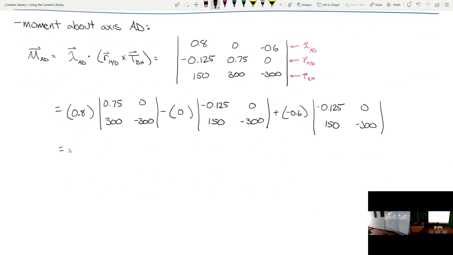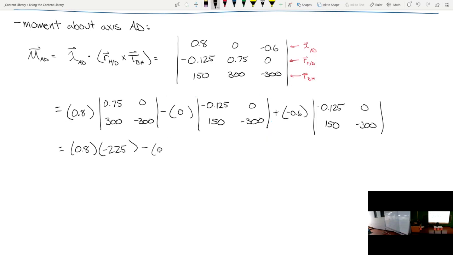So what are we going to get? We're going to get 0.8 times what? This times this minus this times this, that's 0. So 0.75 times 300, what is that, 225? I think that's right. So negative 225, minus, and this whole thing right here is going to be 0. It doesn't matter because whatever the determinant is, that's 0.